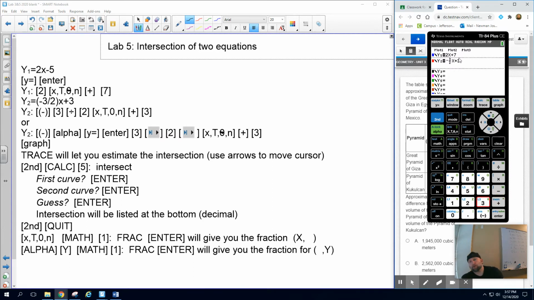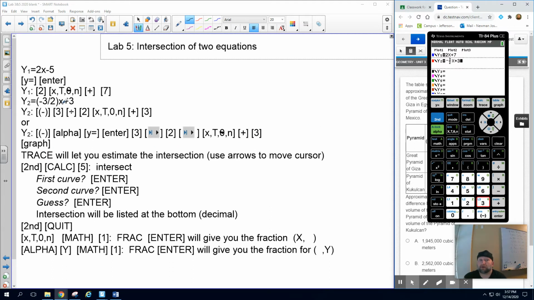Now, you'll only be able to do it like this on certain calculators. Some calculators, even if you use the y equals or alpha y equals enter to get to the fraction bar, it'll make it still look like a slash instead.